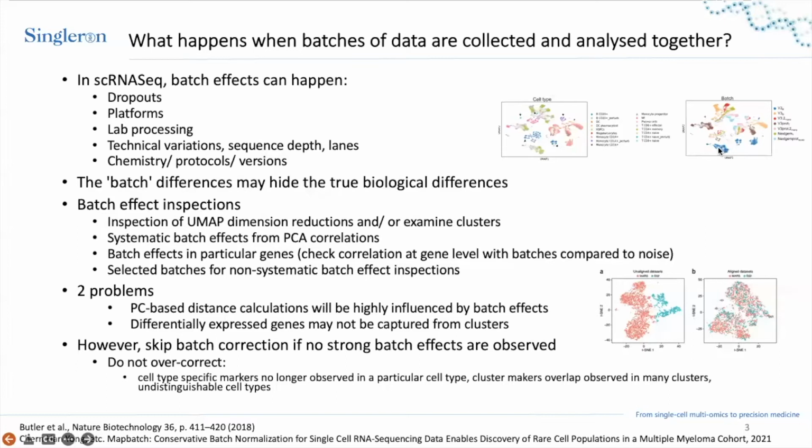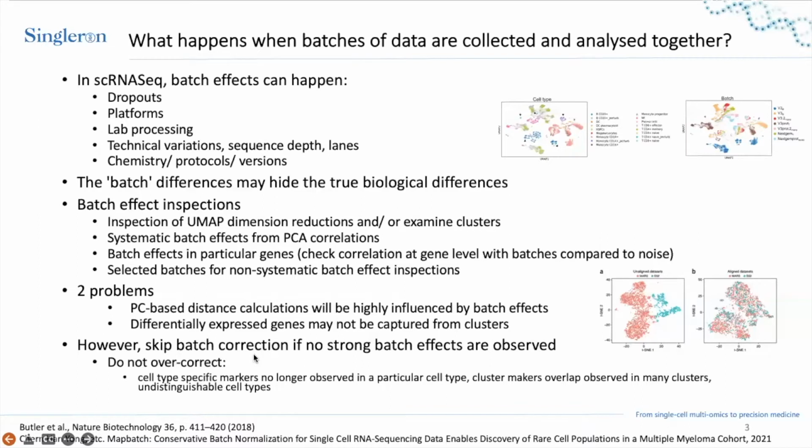So when we do any differential expression between clusters, we find differentially expressed genes that are due to technology differences, but we lose the visibility of the differences, for example, between responding versus non-responding patients in the same cell types.